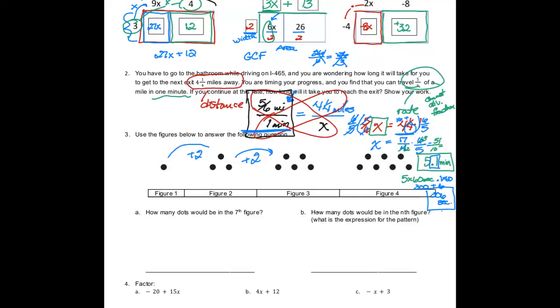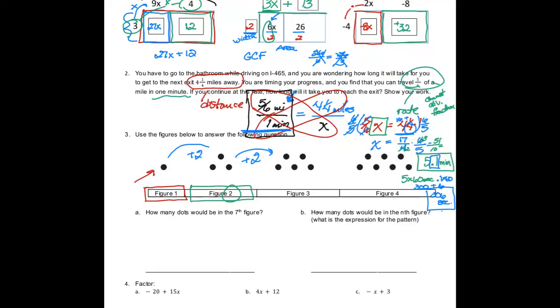Okay? So when you are doing these pattern problems, you need to look exactly at the figure number they give you and say, how does this pattern relate to the number 1? How does this pattern relate to the number 2?